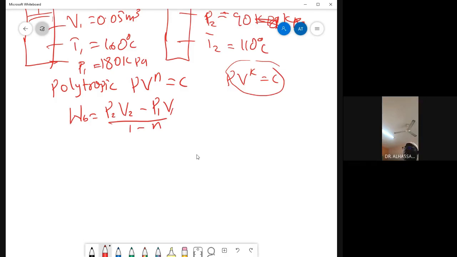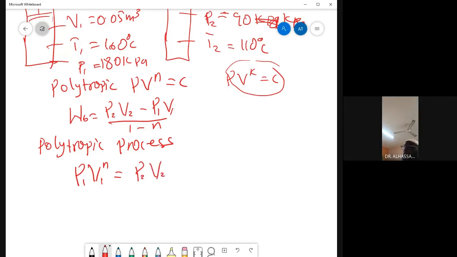Since we know that a polytropic process is bounded by this law, P1 V1 raised to the power n equals P2 V2 raised to the power n. Okay, so we are interested in determining the value for n.